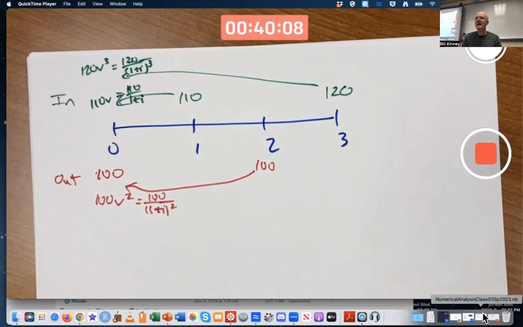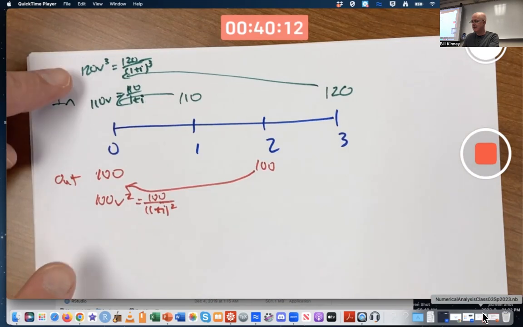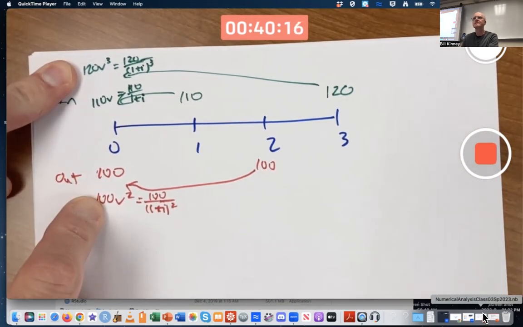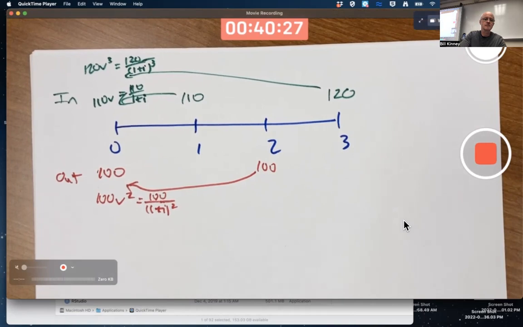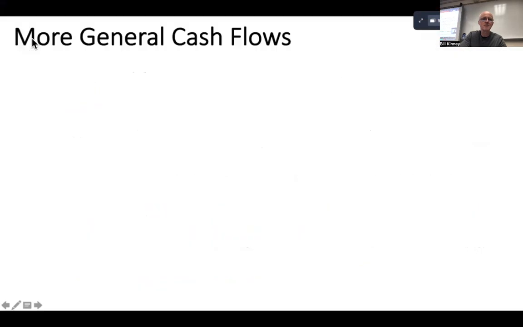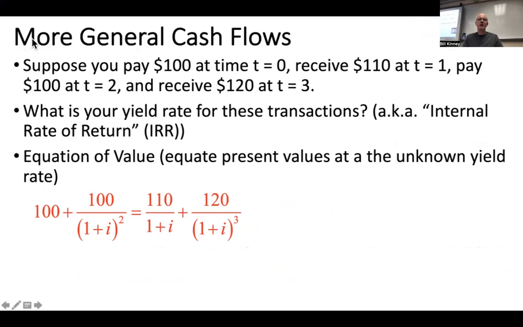The equation of value comes from setting the sum of the inflows equal to the sum of the outflows. And the yield rate, or internal rate of return, is indeed the value of I where those are equal. So coming back here, there's our equation of value.